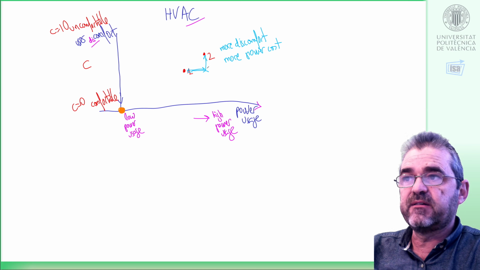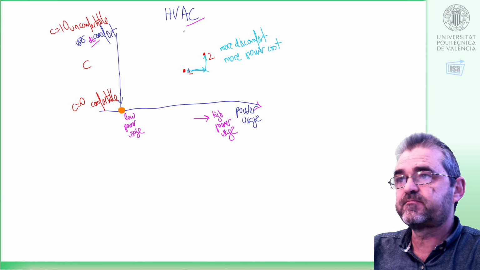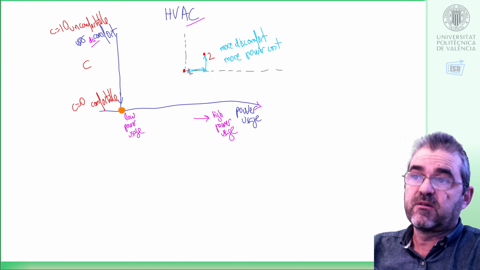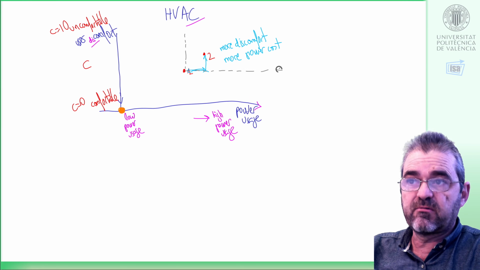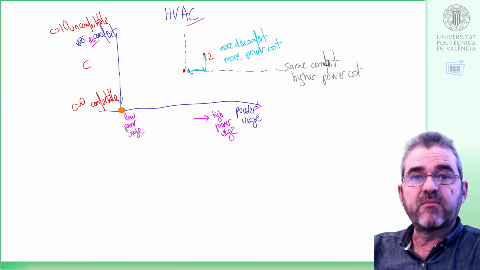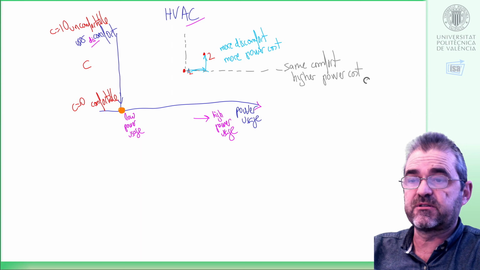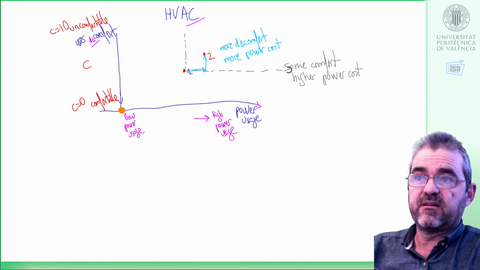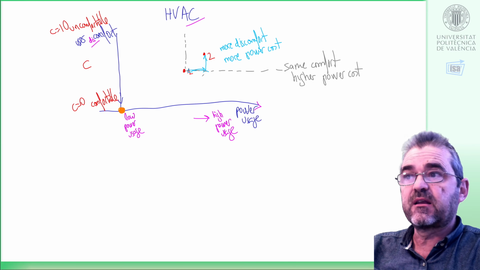In multicriteria optimization jargon, if I drew a vertical line and a horizontal line starting in point 1, then this horizontal line to the right means same comfort, higher power cost. Then of course it's nonsense preferring anything in the gray horizontal line to point 1.